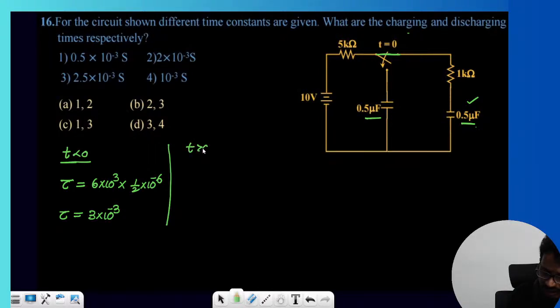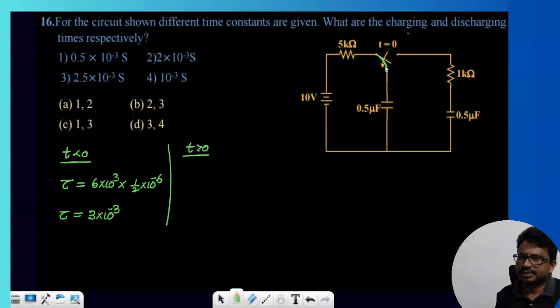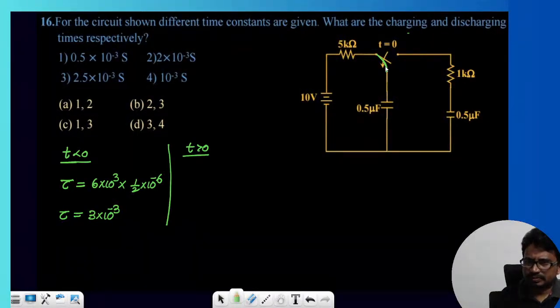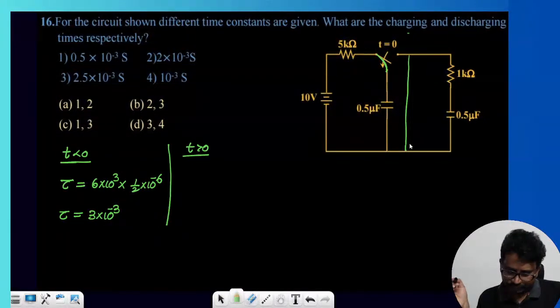And for t greater than 0, what will happen, you tell me now? In this case, the switch will come to this position, na? Switch will come to this position. Now there is no discharging path at all here. Might be here. If we have one short path is there. If we have like this, no, that also will not happen.